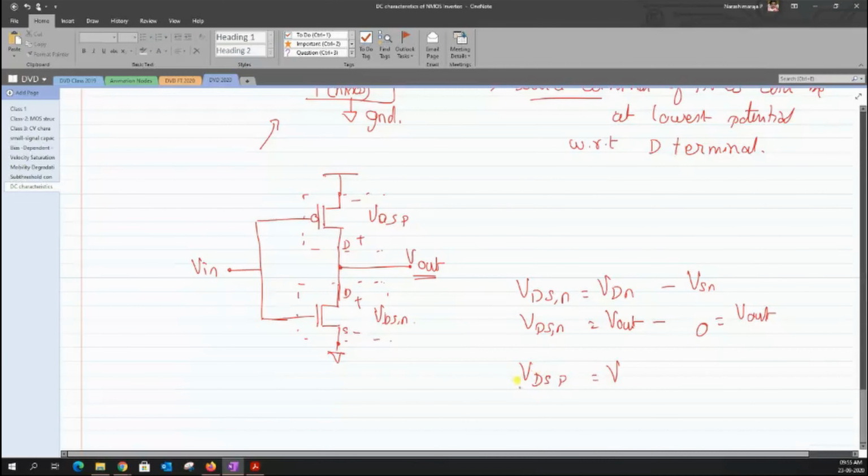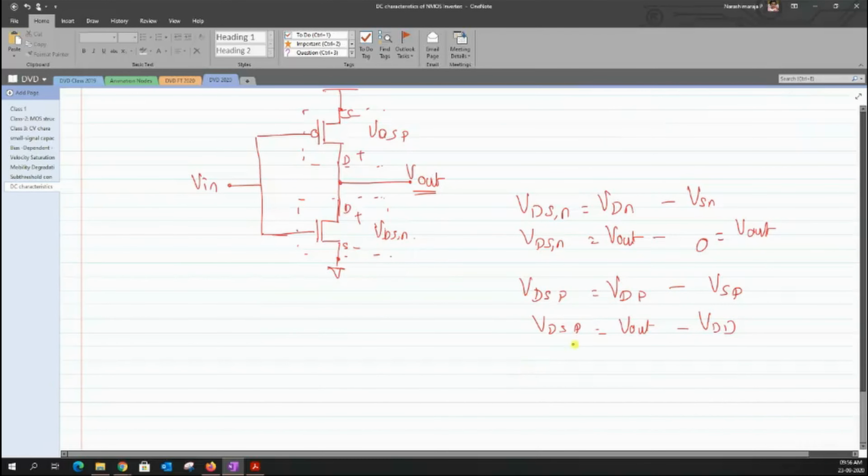What I really mean to say here is that I can split this VDSP as VD minus VS. We know that the drain is connected to the output node Vout, so I would write it as Vout minus VS, that is, the source node of my PMOS, which is connected to the supply voltage VDD. Now this VDSP has to be translated in terms of Vout.